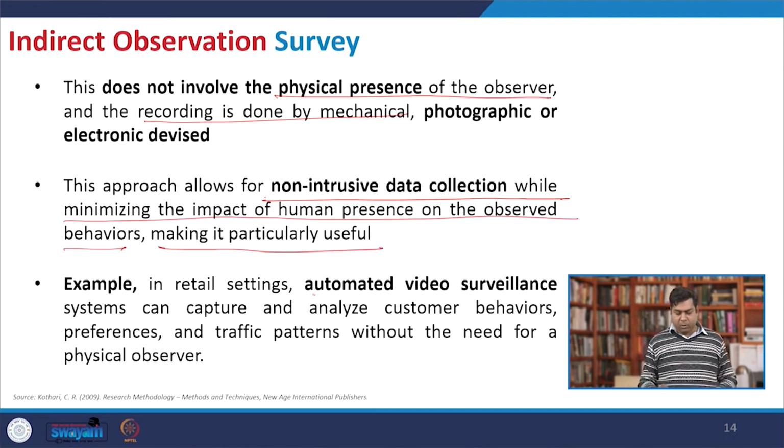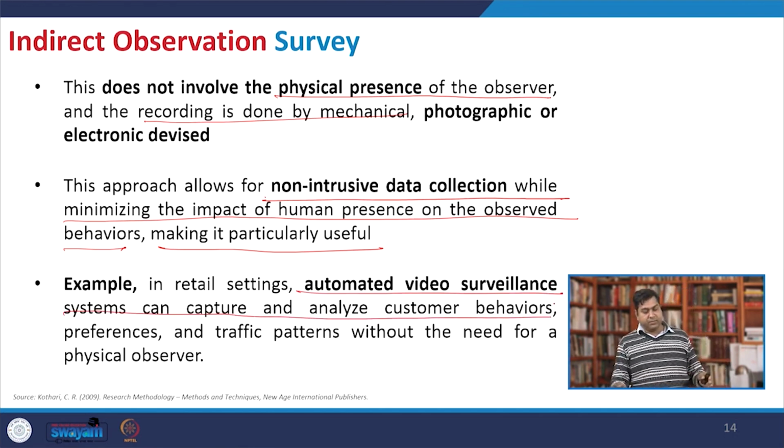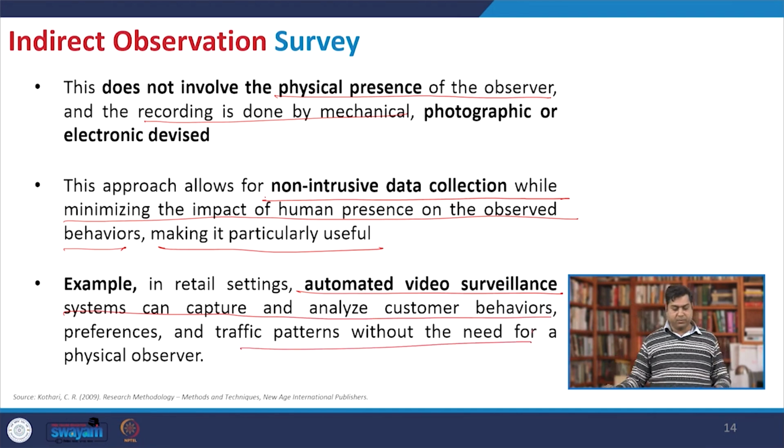For example, an automated video surveillance system can capture and analyze customer behavior, preferences and traffic patterns without the need for a physical observer. So, in such cases you must have seen in cities, traffic intersections and all, there are cameras installed, or maybe you are going to a particular shopping mall, cameras installed over there, the CCTV, which is capturing your behavior.